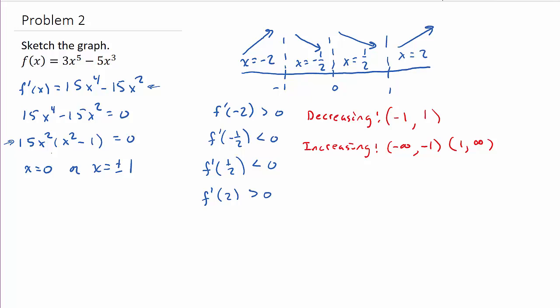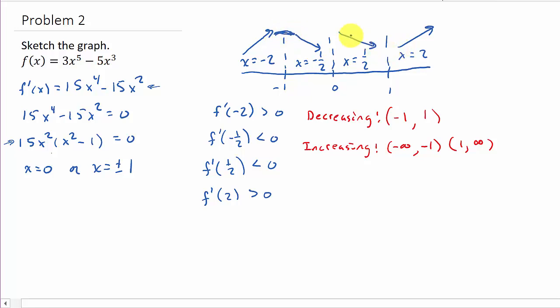Now let's look for local maximum and minimum values. If you look at this, you notice on this interval here, this graph is increasing. And then when it hits -1, it starts decreasing. So that tells us that's a local maximum.